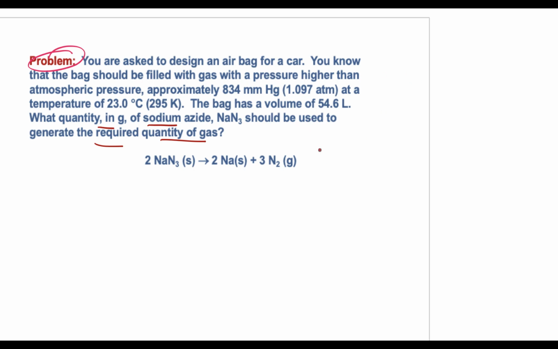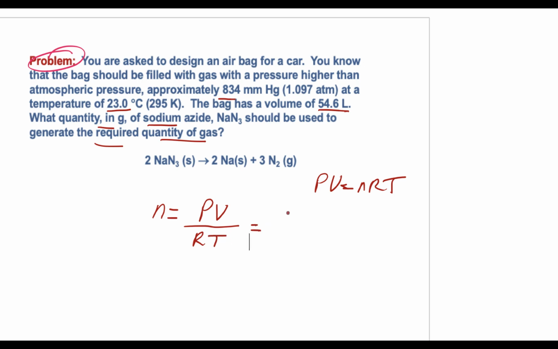So what we need to do is use the ideal gas law. We're given the pressure of the gas, the gas is nitrogen, we're given the temperature, and we're also given the volume. So we need to solve this for the number of moles. The number of moles is going to be pressure times volume divided by RT.